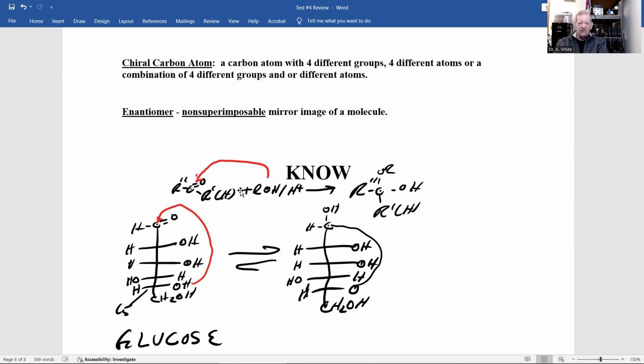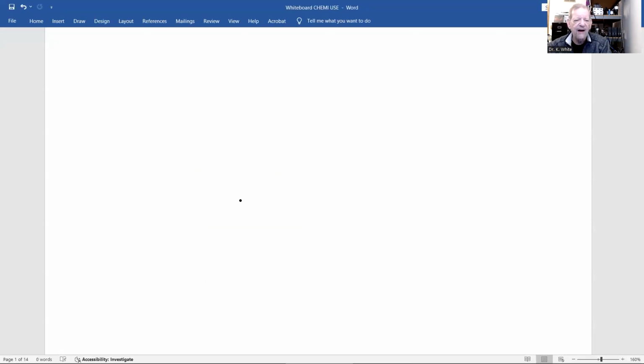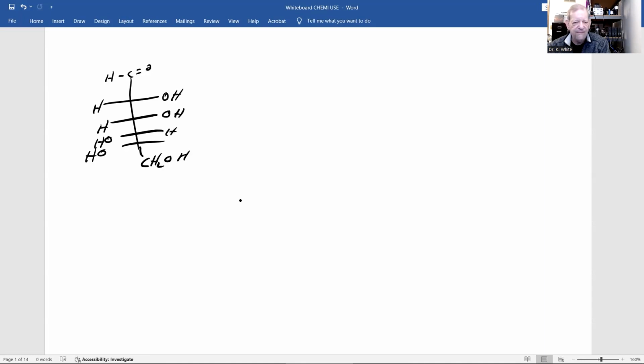So if I were to ask you to draw the enantiomer of this molecule, what do you do? Well, that means you've got to draw the mirror image.